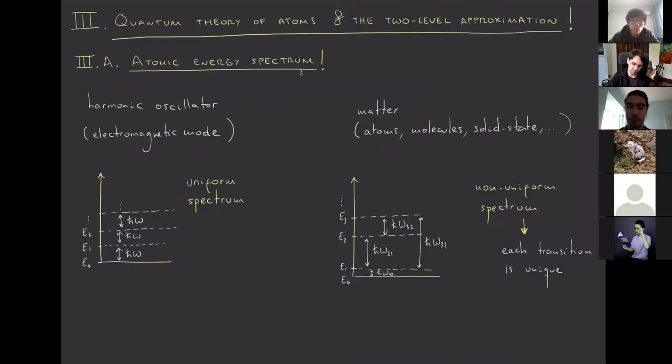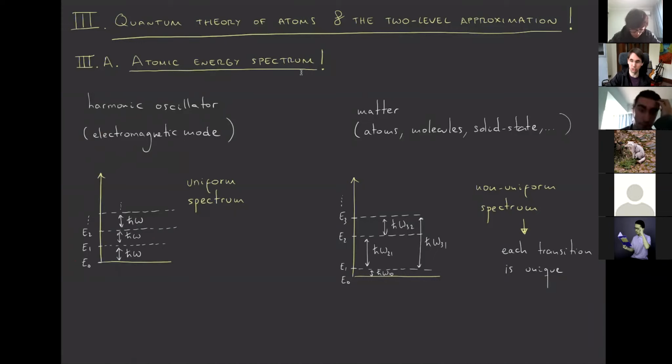What we saw in the previous chapter is that the electromagnetic field is made out of degrees of freedom that behave as harmonic oscillators. This means that the degrees of freedom have a uniform energy spectrum, okay?